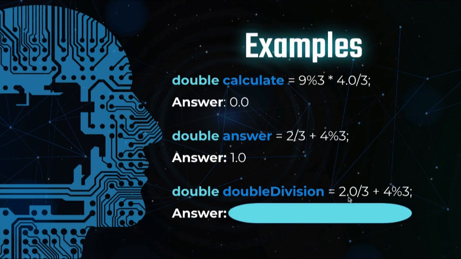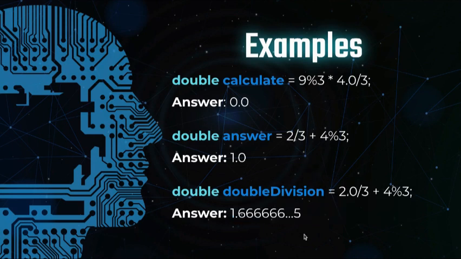All right, so for this final one here, I guess I ended up explaining it in this first one, but you can see here you should have gotten 1.666, big long decimal 5. So there you can see that when you divide 2.0 by 3, you have that double in there, which is actually going to give you that really long decimal.